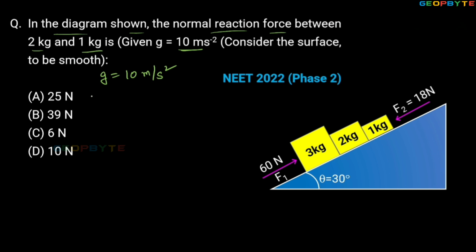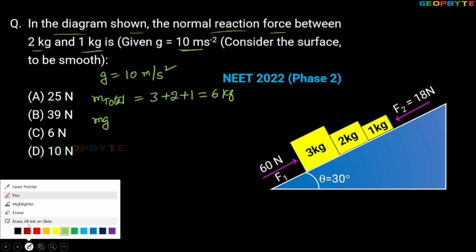Okay, the total mass is equal to 3 kg plus 2 kg plus 1 kg, which is 6 kilograms. Then first let us decide the acceleration. For deciding the acceleration, look at the net force.